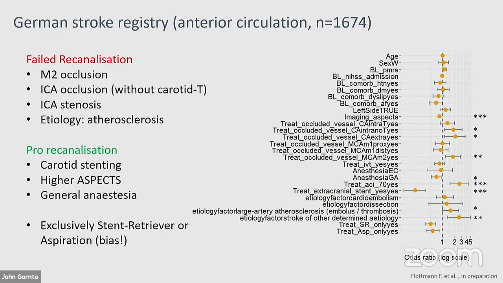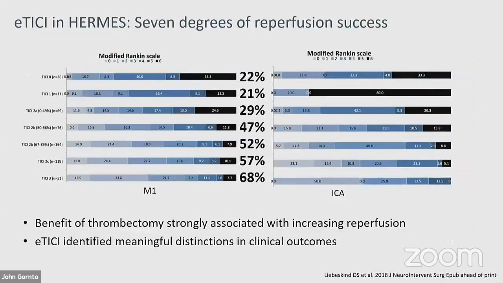Good predictors for recanalization were if carotid stenting was actually done, general anesthesia, and if exclusively stent retrieval or aspiration was conducted. But this is obviously a bias, because if you do just one thing and you succeed, you don't switch to the other. So this is not really useful information.